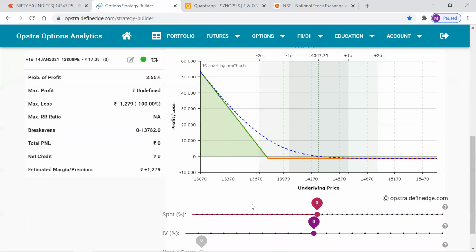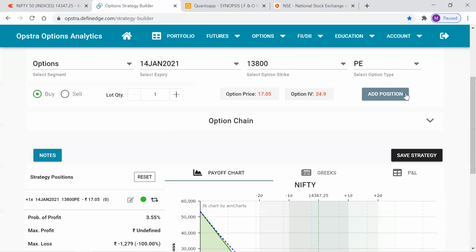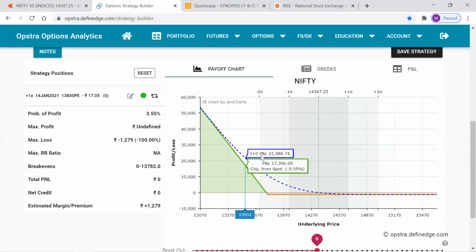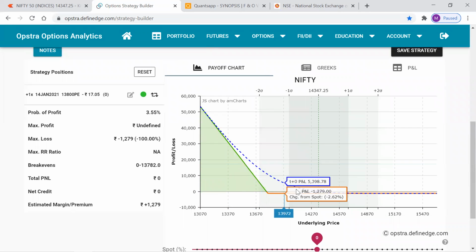Now see, this is the risk reward, this is the payoff diagram. After clicking on add position, I am able to see this payoff diagram. Look at the payoff diagram. Before 14th of January, if Nifty doesn't fall, imagine that my view went wrong and Nifty didn't fall below 13,800.